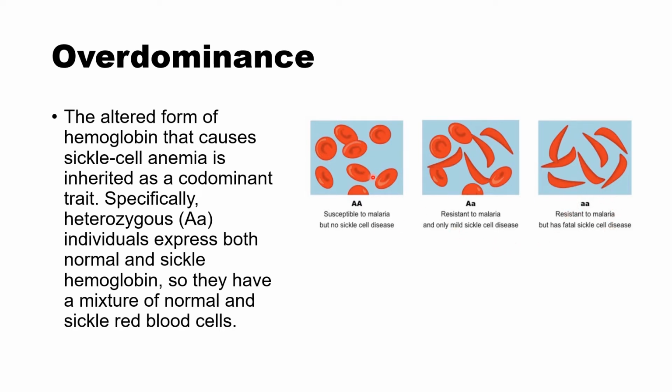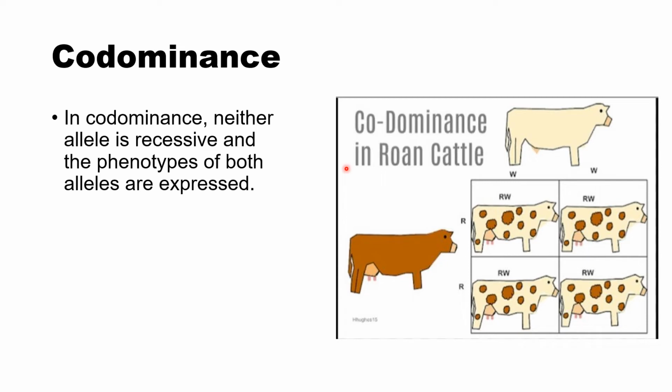Now, yung offspring mo, pag nag-mate itong dalawa, it will become heterozygous. Specifically, yung heterozygous na ito, yung mayroong dominant A at saka recessive A. So, yung itsura ng red blood cell, meron yung mga normal at saka meron na rin yung sickle shape. So, yun yung magiging result ng phenotype ng heterozygous na offspring. Now, with the codominance naman, neither allele is recessive and the phenotypes of both alleles are expressed.